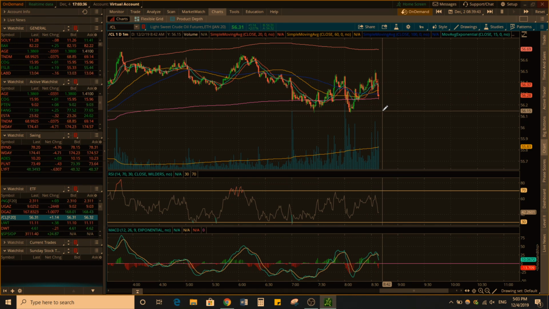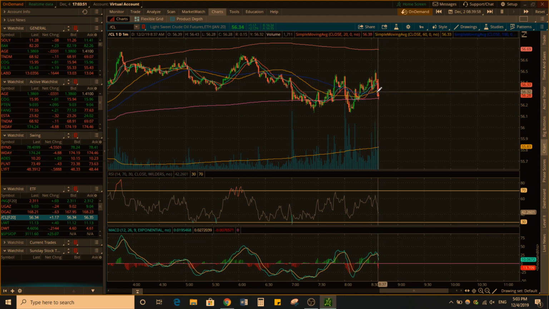It shows that it's an upward sloping stock, and it's gone down to previous supports, which is good. Now this actually might be a pretty good buy. Let me wait for these lines to cross, and then I'll check back in with it.